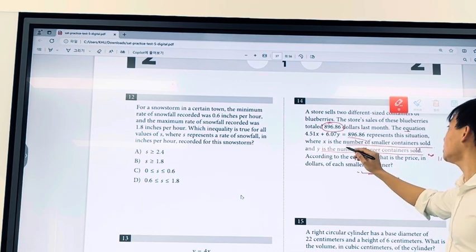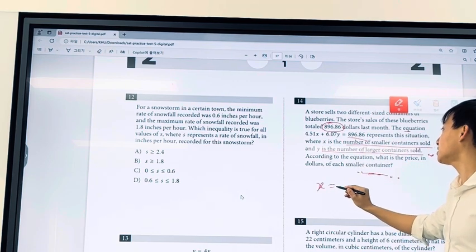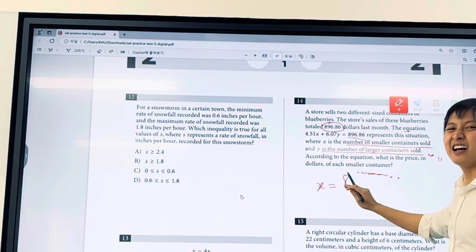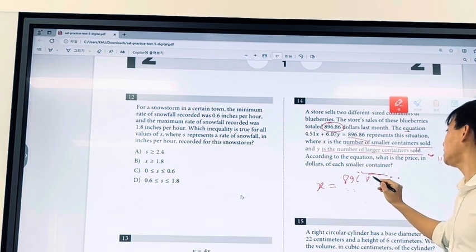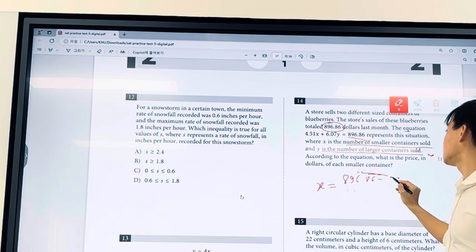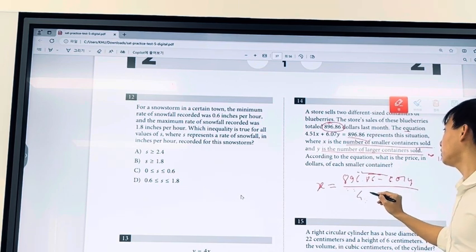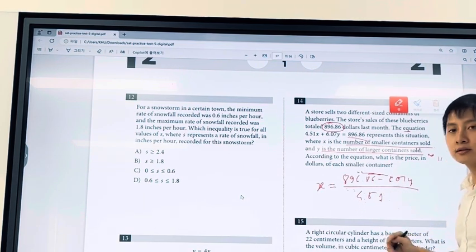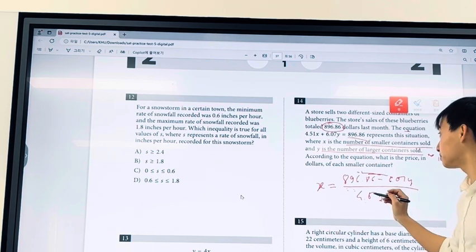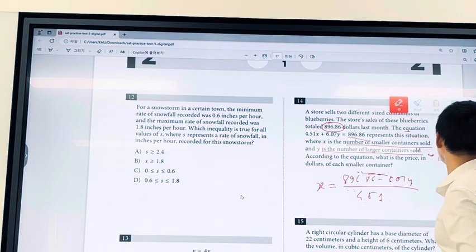The small container is x, right? x is going to be 896.68 minus 6.07y, divided by 4.51. Alright, so this is the equation, right? It shows the price of the small container.